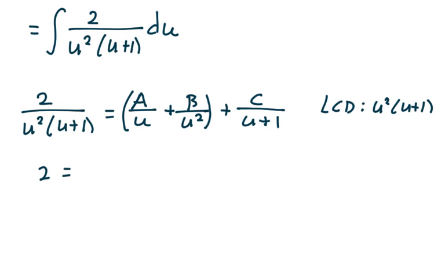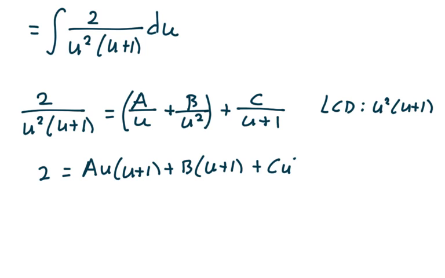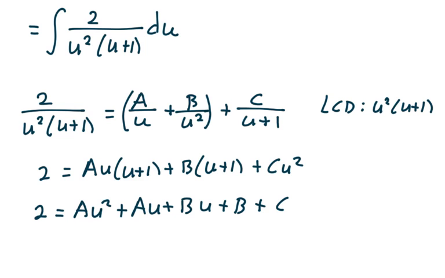So 2 is au times u plus 1 plus b times u plus 1 plus cu squared. And so 2 is au squared plus au plus bu plus b plus cu squared.